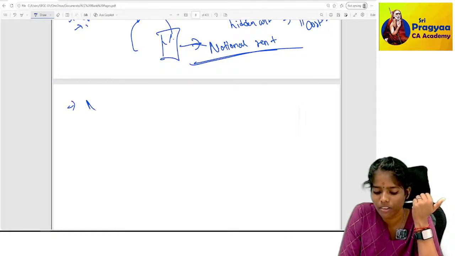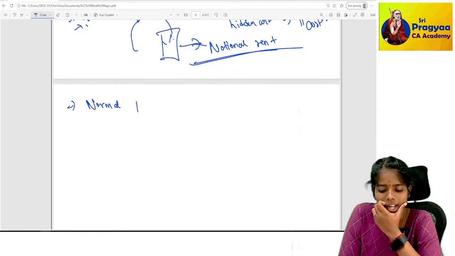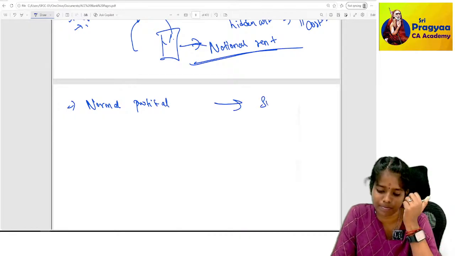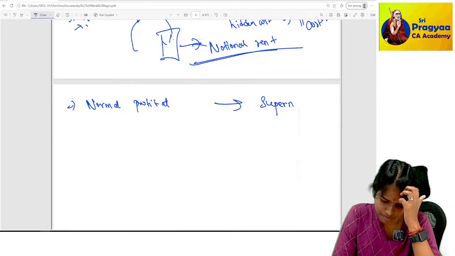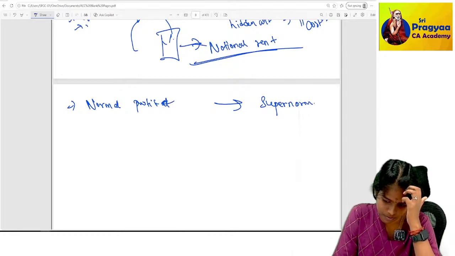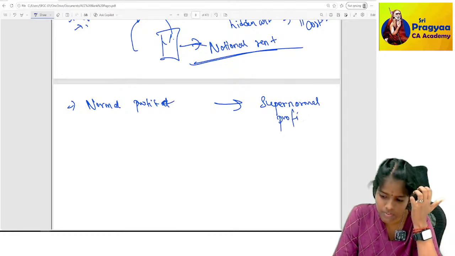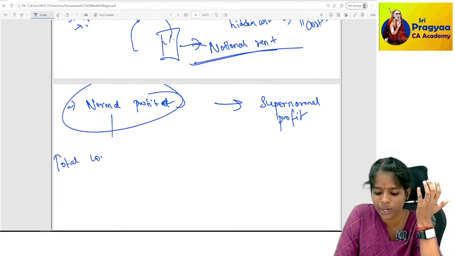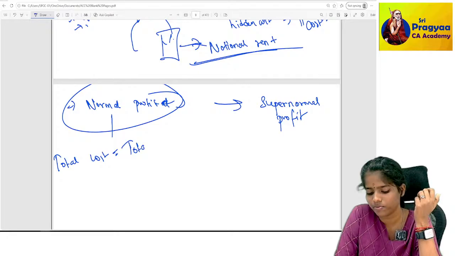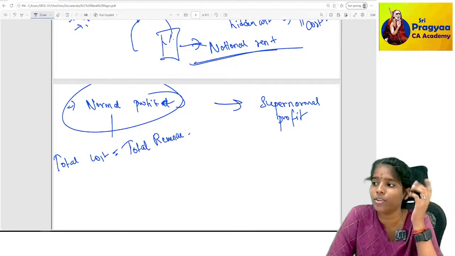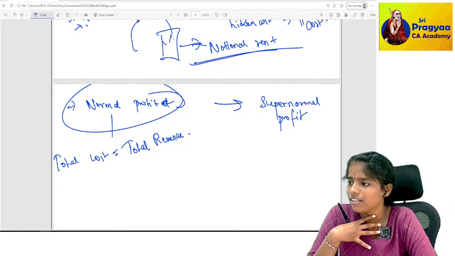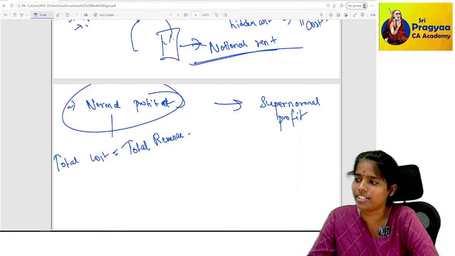Next, normal profit and supernormal profit. Normal profit means my total cost is equal to my total revenue. I am having the notional rent, I will use that also. Money is with me, but still there is no profit.